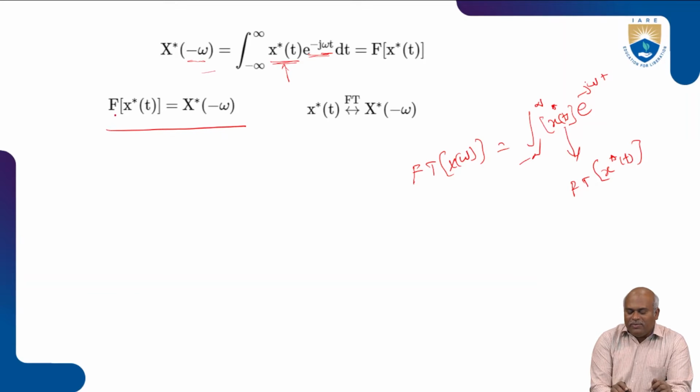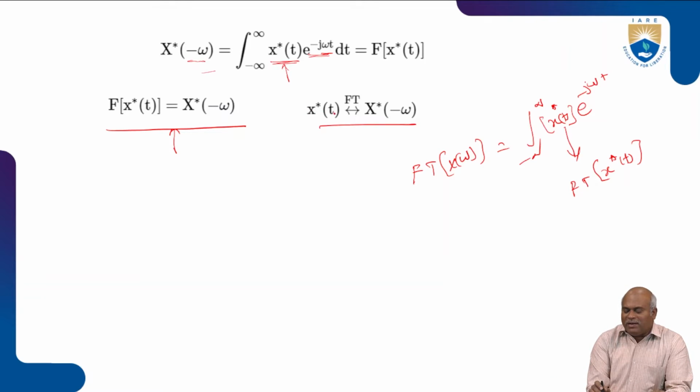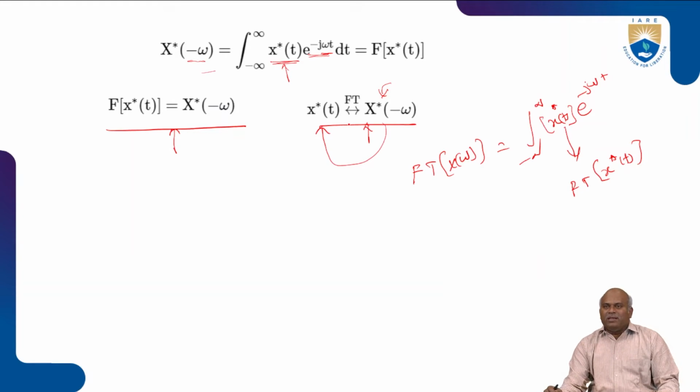So the Fourier transform of x star of t is equal to X star of minus omega. In general, x star of t, with the double arrow for the Fourier transform pair, corresponds to capital X star of minus omega. If we take the inverse Fourier transform of X star of minus omega, we automatically get x star of t. This is the complex conjugate property of the Fourier transform.